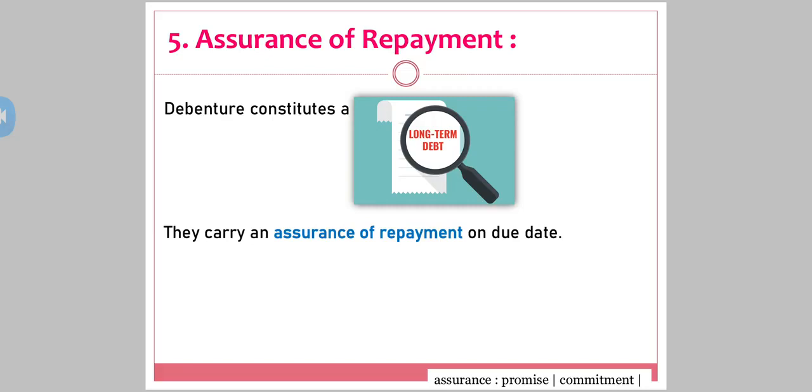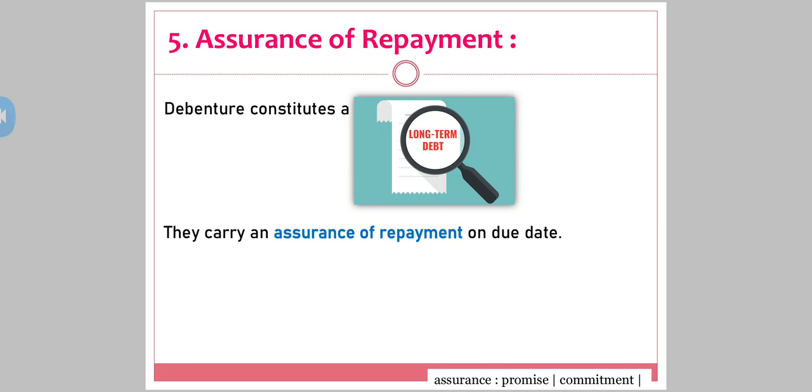Promise. Because on that debenture certificate we just saw the due date, the maturity amount, and secondly the rate of interest. All the important information is written on that legal document. So it creates an assurance of repayment of the amount invested in the company by the debenture holders.